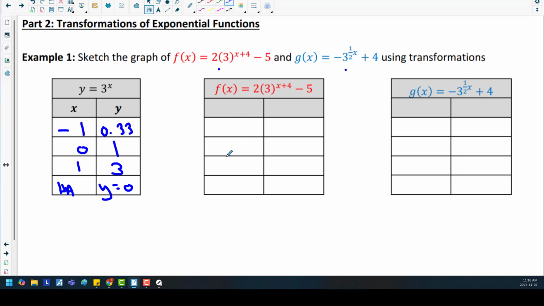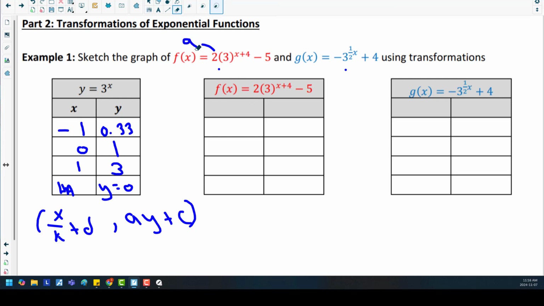Same thing here, except we are going to use our mapping notation. And if you remember from grade 11, mapping notation is ay plus c and x over k plus d. So let's label our values here. My a value for the function f is 2. 3 is my base or b value.